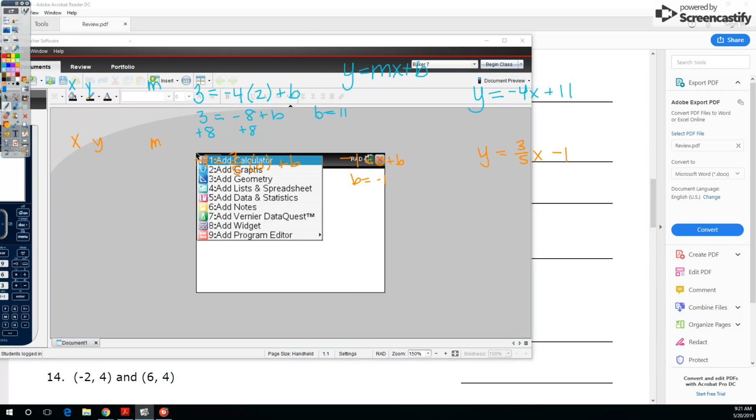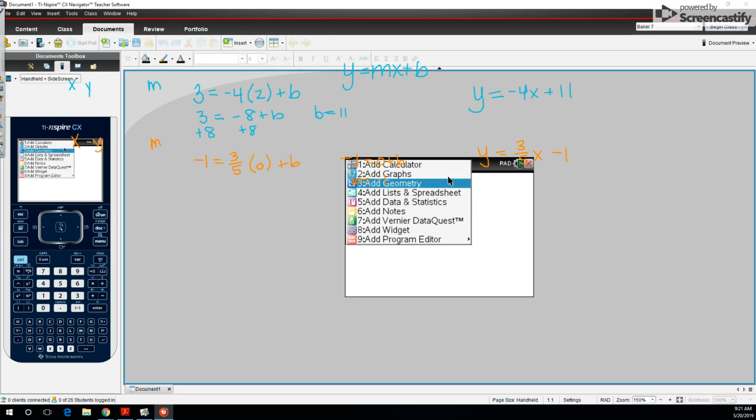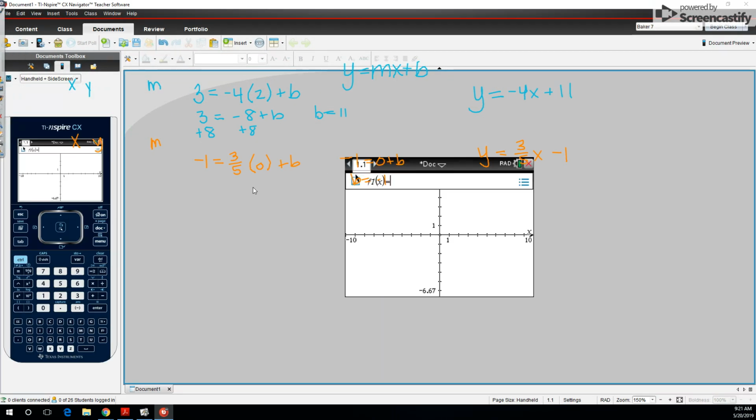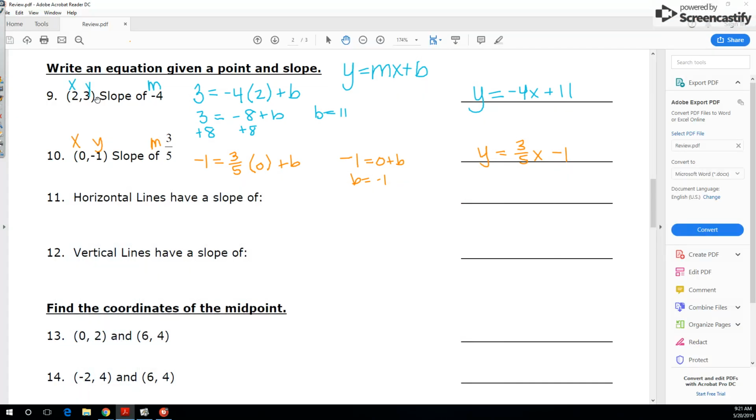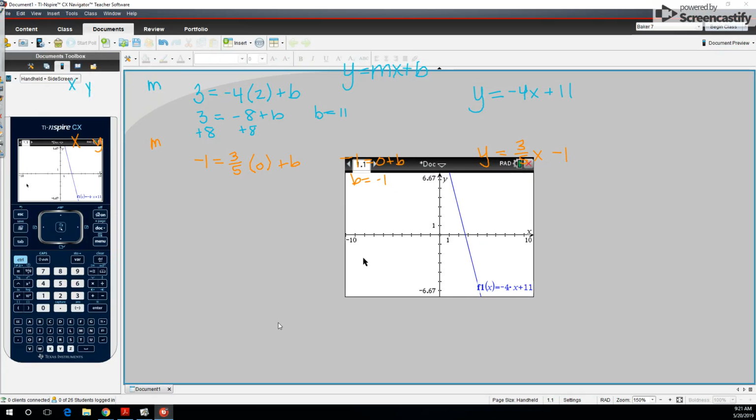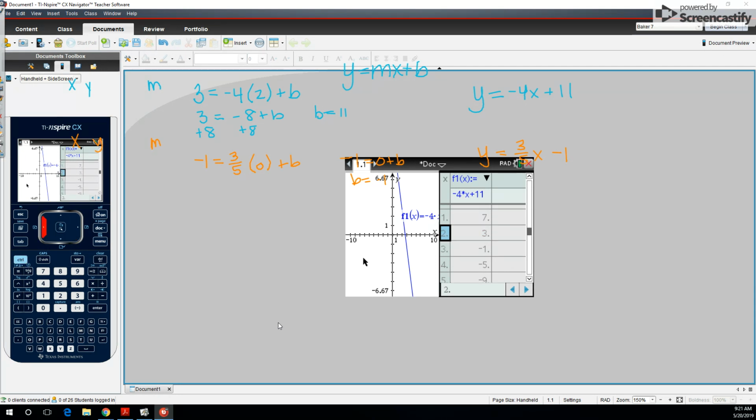So that first one was y equals negative 4x plus 11. So if I graph, was it negative 4x? Okay, and it was supposed to have the point 2, 3 on it. Control T, 2, 3. Y-intercept is 11. Yes, it is.